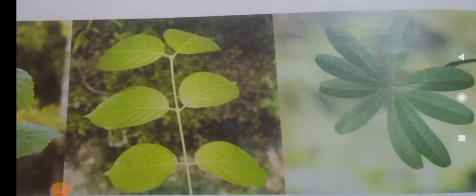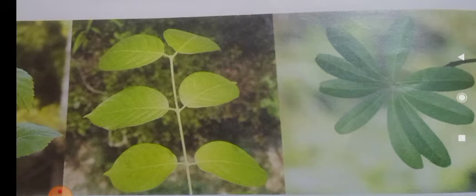Now the functions of the leaves. You know that leaves have chlorophyll, and because of the chlorophyll they carry out photosynthesis to prepare food. They also have stomata for respiration. The leaves have tiny holes at the back side, and from these they respire; these small holes are called stomata. Stomata also release excess water.